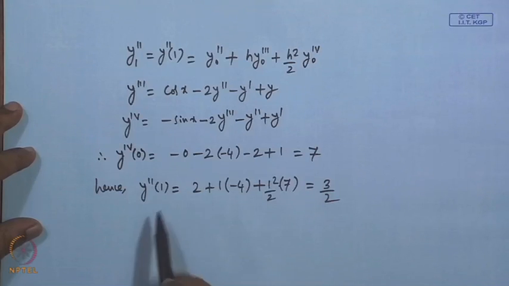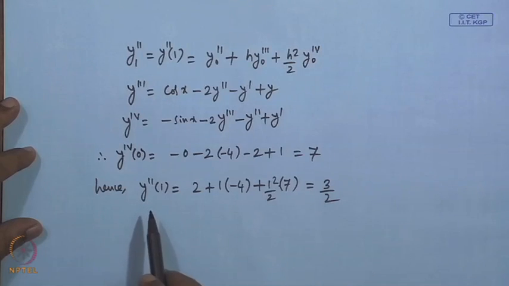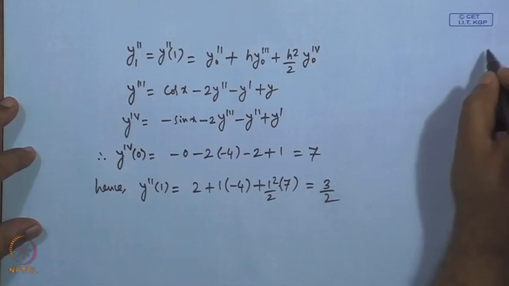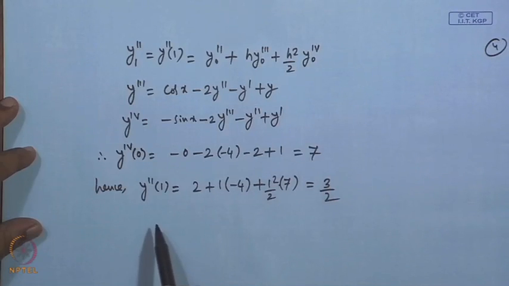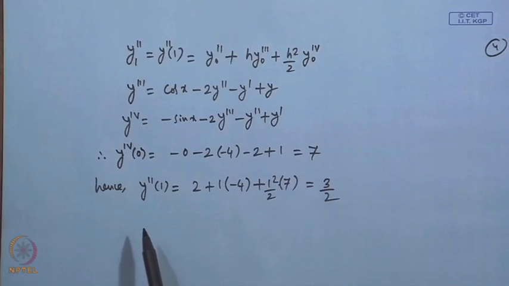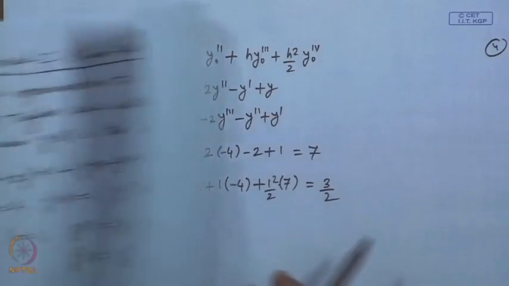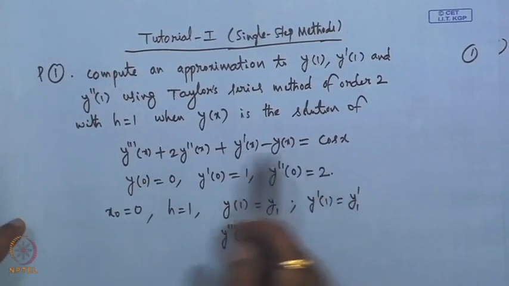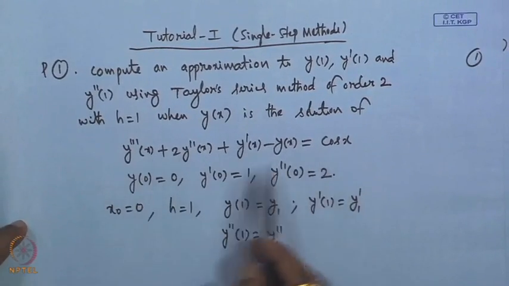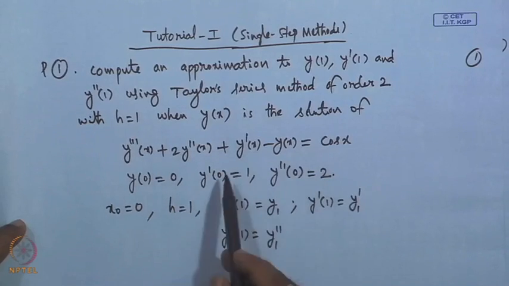So, using second order Taylor series, we have obtained approximations to y of 1, y dash of 1, y double dash of 1. All that we have done is we made use of the given ODE; having known that y of x is the solution of this ODE, we have computed the higher order derivatives.